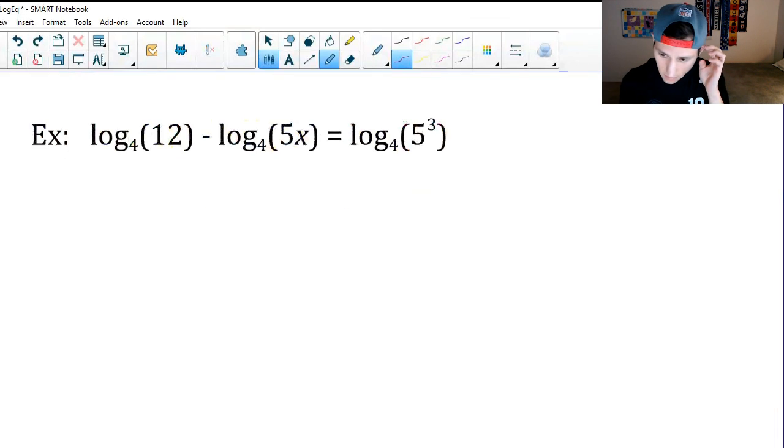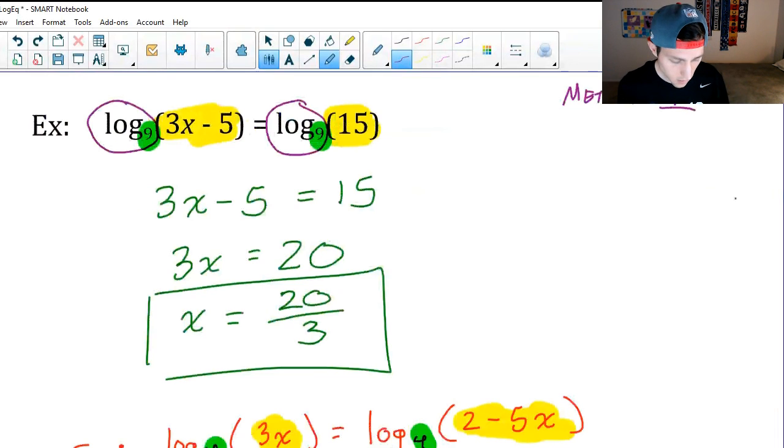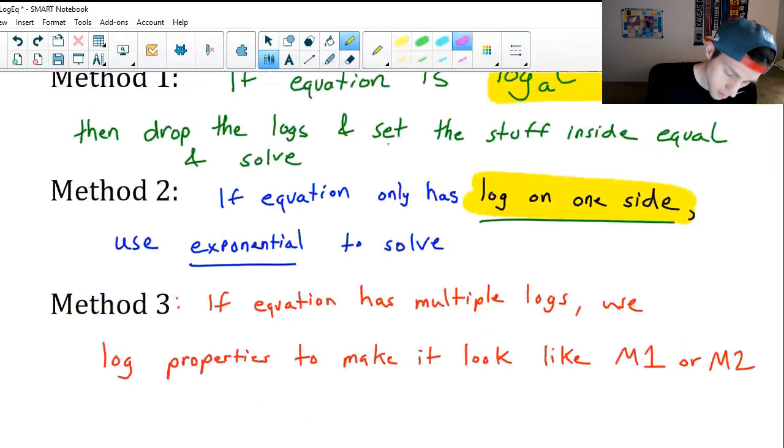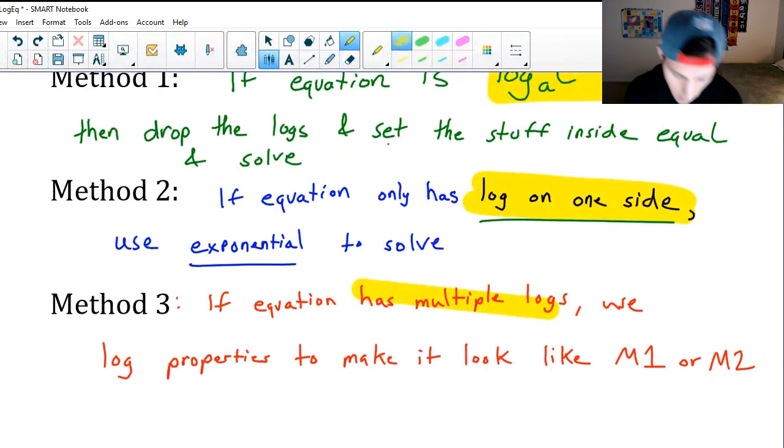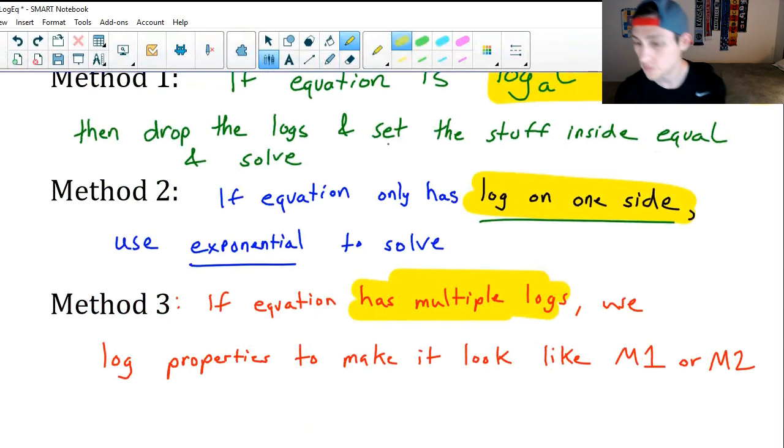So let's go back. Method 3. Okay, method 3 is if the equation has multiple logarithms.